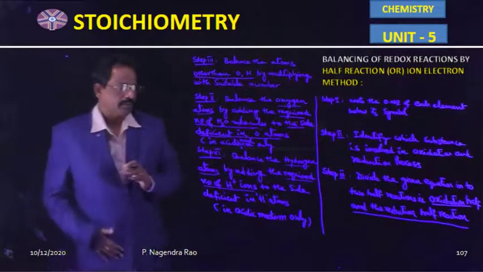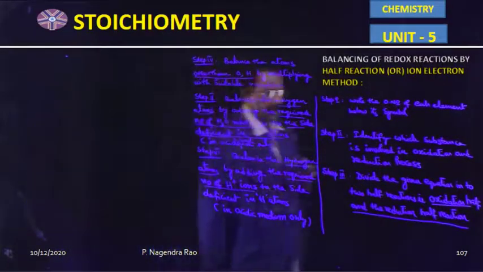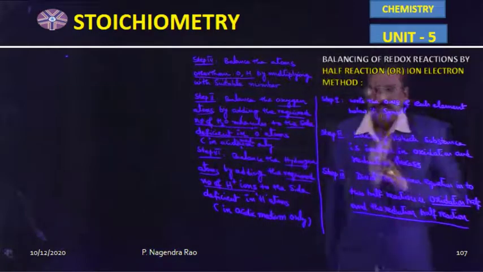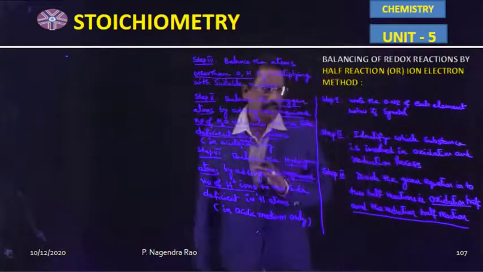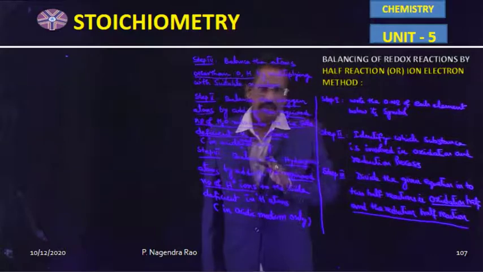Up to now, first step is write the oxidation number of each element below its symbol according to the rules.